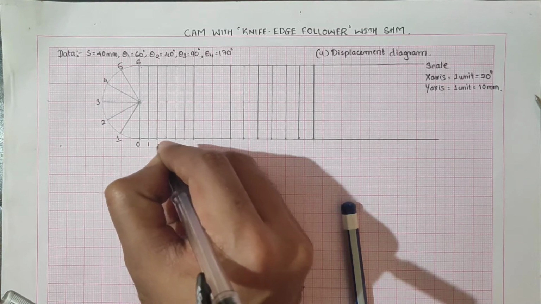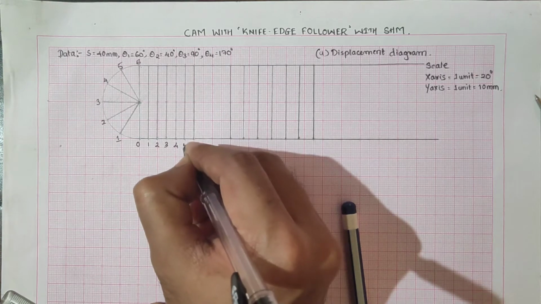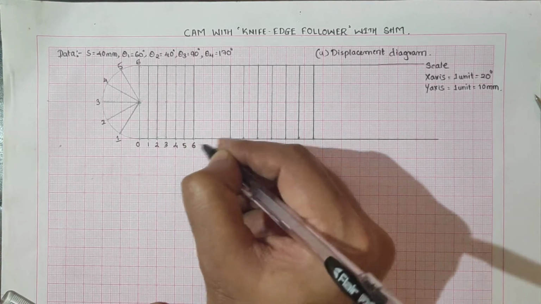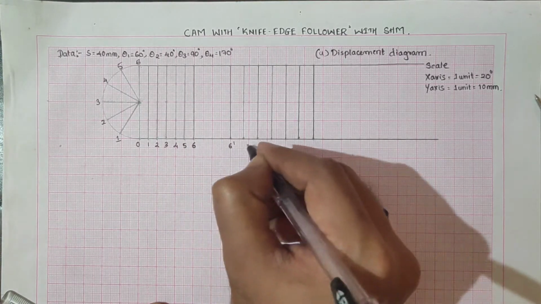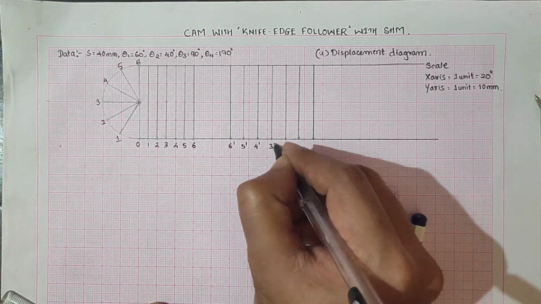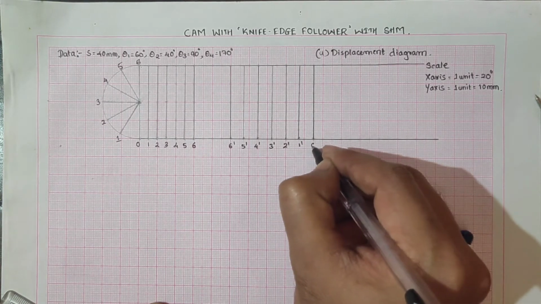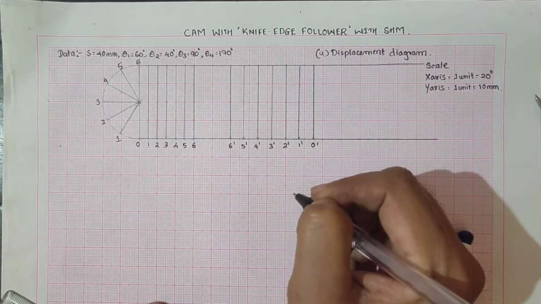Again here 1, 2, 3, 4, 5, 6. This one is 6 dash, 5 dash, 4 dash, 3 dash, 2 dash, 1 dash and 0 dash.